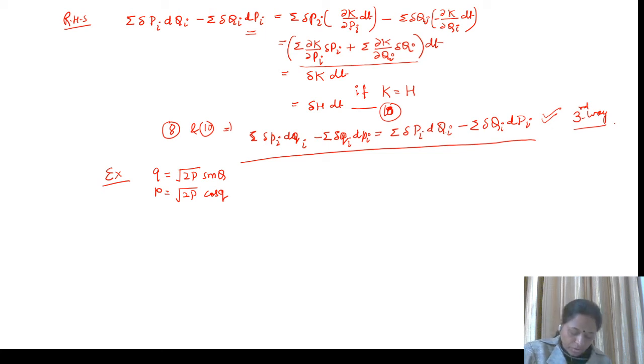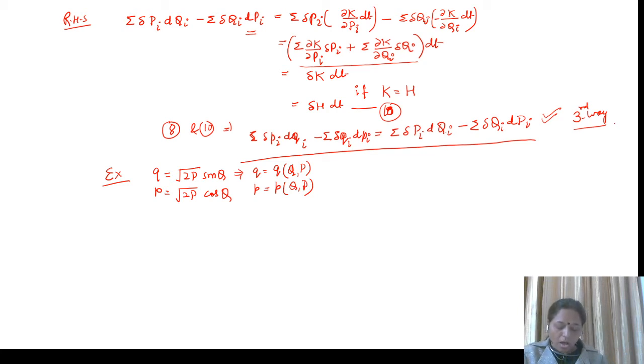First of all, you look at the expression. In this expression, q is a function of capital Q, capital P, and p is a function of capital Q, capital P.